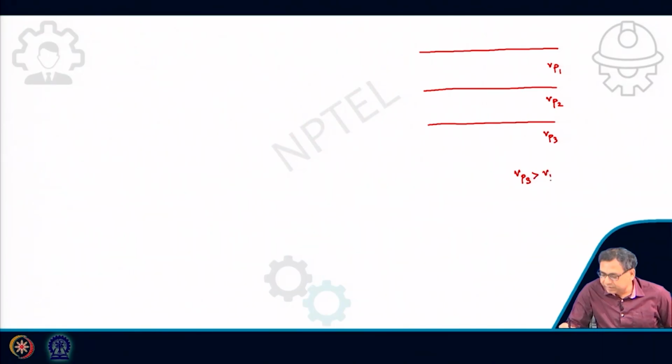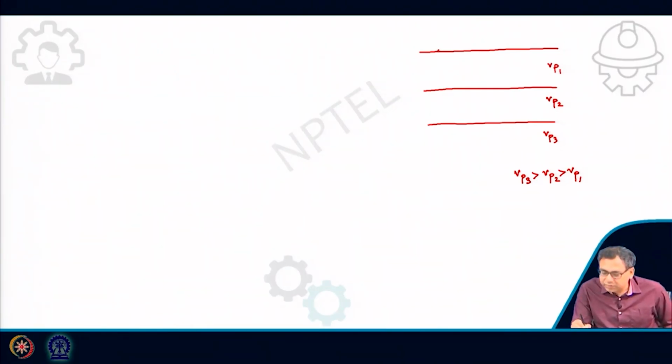layer 1, this is layer 2 and this is layer 3. Okay, let us take the 3 layer case. So, this is VP1, VP2 and VP3, and obviously the condition is that VP3 should be greater than VP2, which should be greater than VP1. As I mentioned, this is the condition.